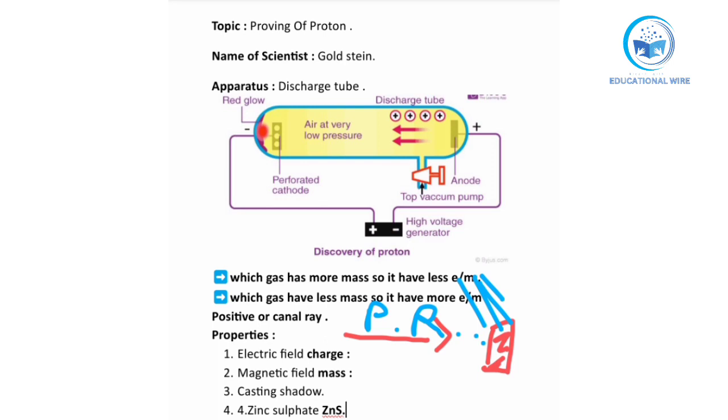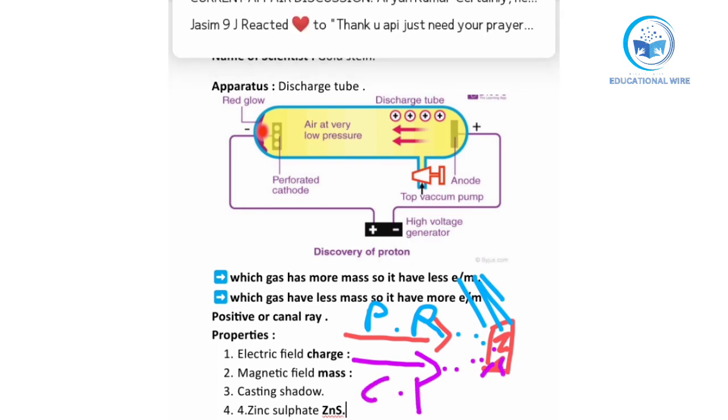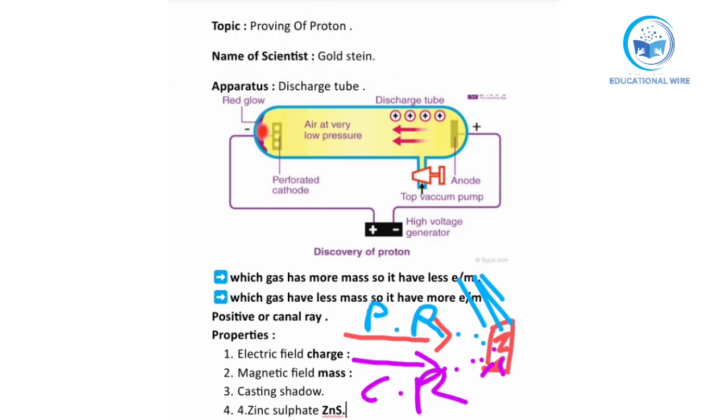After that, if we take the cathode ray, it also strikes this but glows less, because the cathode ray has less mass, so it does not glow that much.